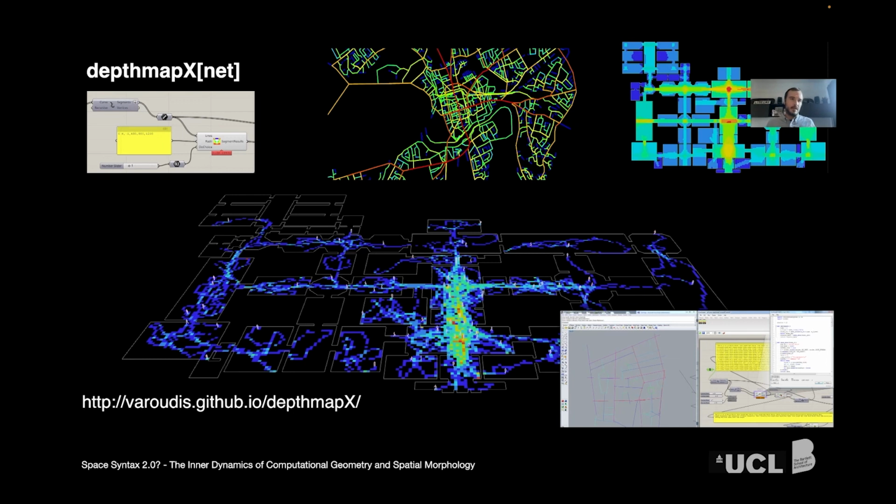We have our own open source network graph analysis tool that works across scales, does visibility graph analysis, all the space syntax measures for urban analysis, and an agent-based model, and its source code is uploaded online.